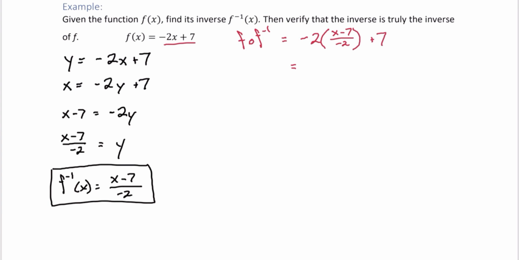The -2's will cancel, and we are left with x, which is what we wanted. If we do f of f inverse or f inverse of f, and the result is x, then we know that we have truly found the inverse.